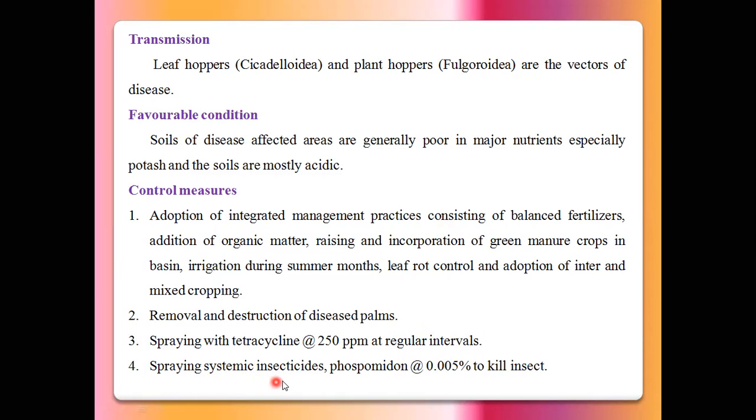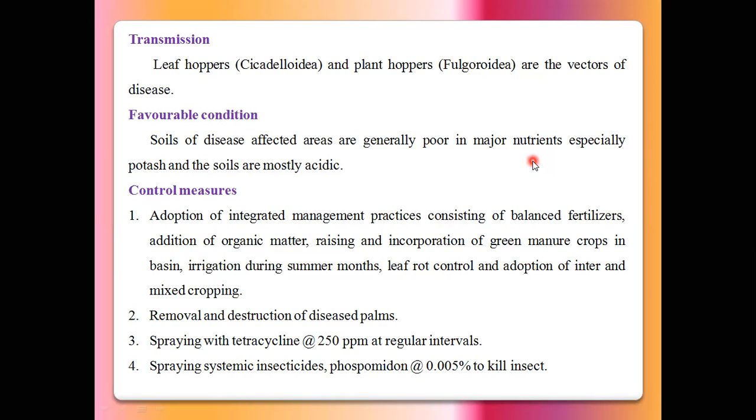Or spraying a systemic insecticide, for example phosphamidon at the rate of 0.05%, or any systemic insecticide over these coconut trees to control the leaf hopper and plant hoppers. In this way you can avoid the root wilt infections seen in coconuts.